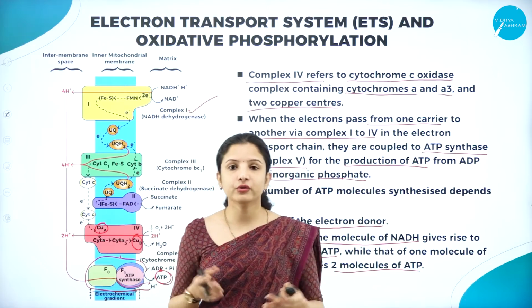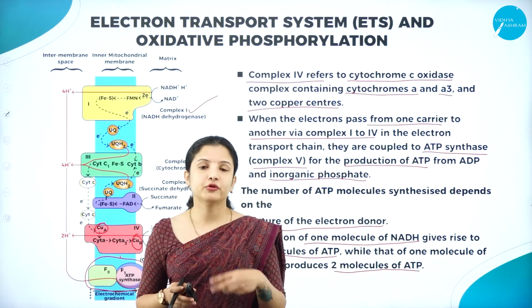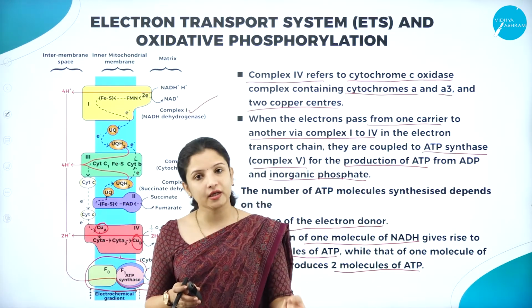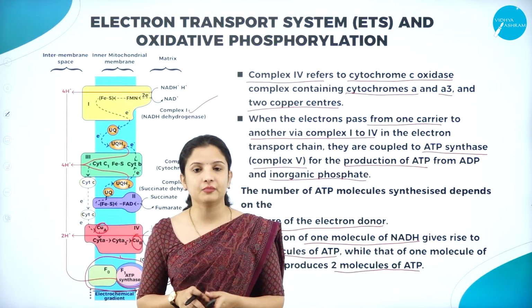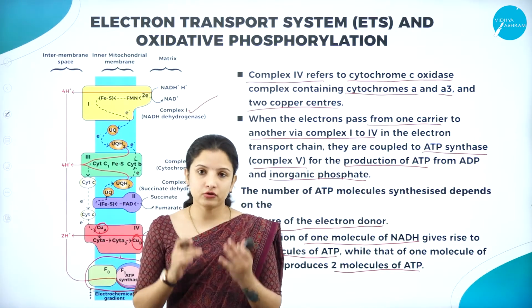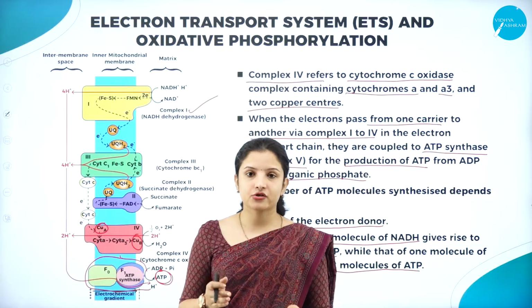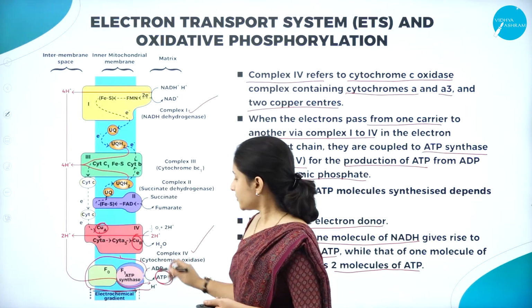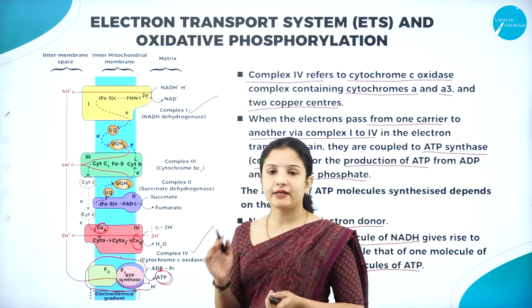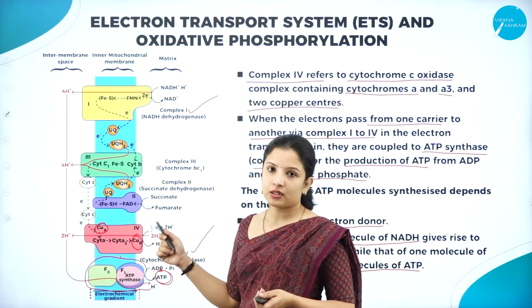So for you to easily understand, NADH will produce 3 molecules of ATP and FADH2 will produce 2 molecules of ATP. So the electron donors, NADH and FADH2, are the ones that actually decide how much ATP should be produced at the end of this particular electron transport reaction.